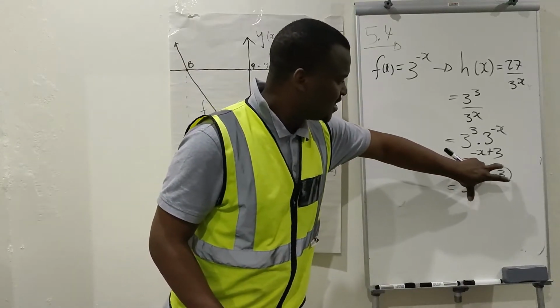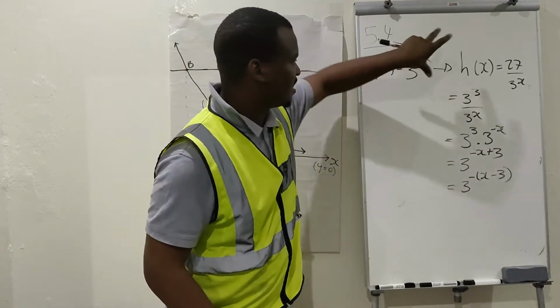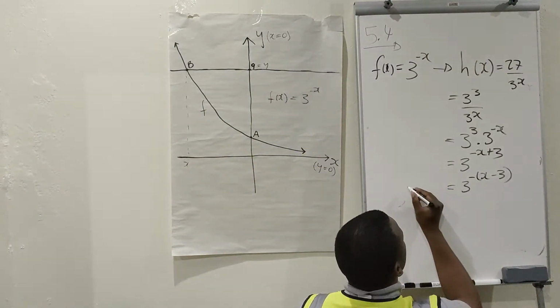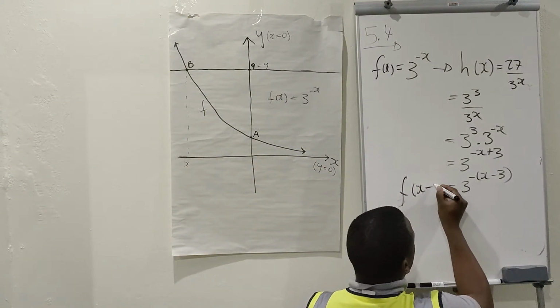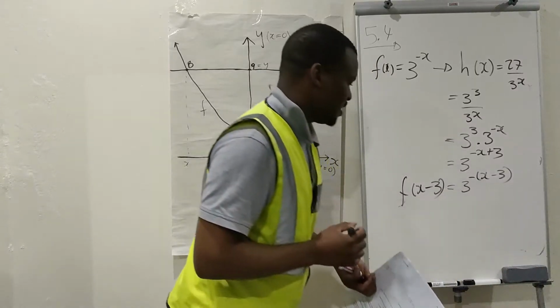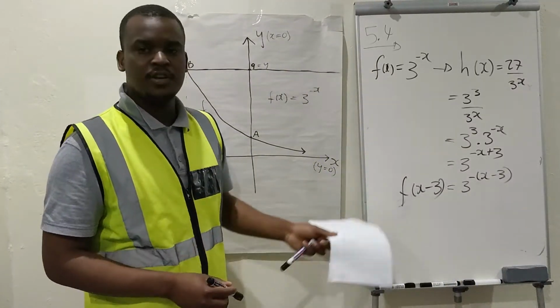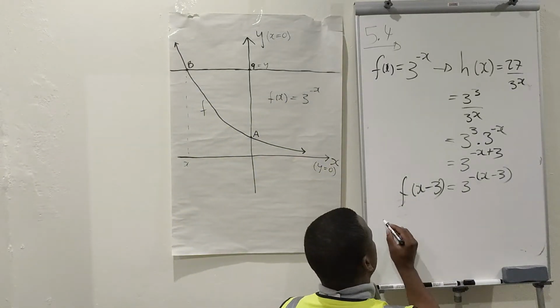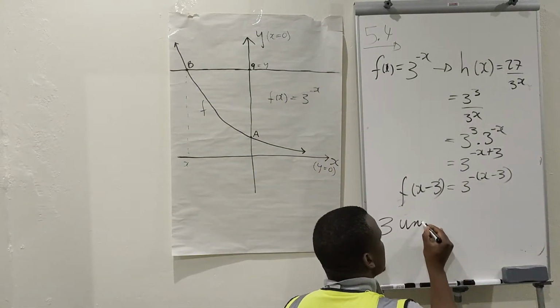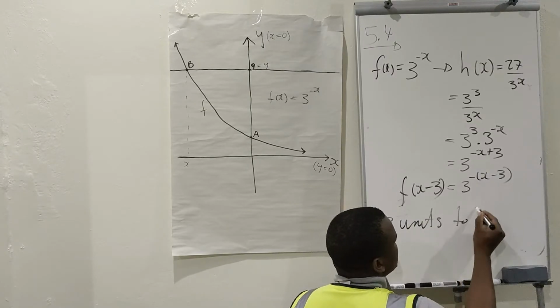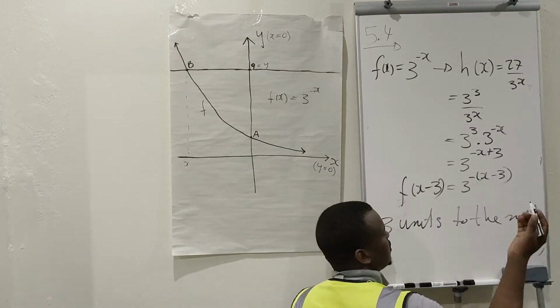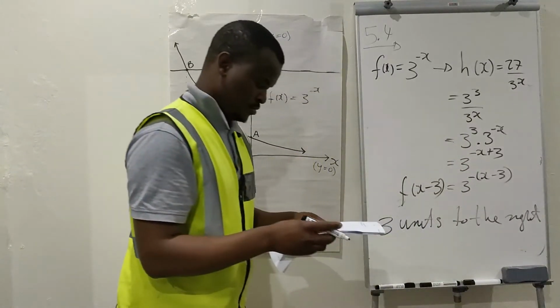So this function is exactly the same as that one, except that now it looks like x minus 3, which means it has been translated 3 units to the right. So the translation is 3 units to the right, straight across.